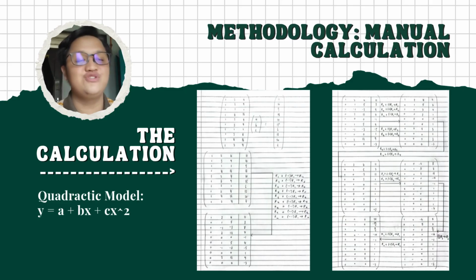Now, we move on to the methodology of this project for manual calculations. So firstly, we have to show that the system is inconsistent so that we can use the least square method. So to do this, we must first use the quadratic model to rewrite the data in the form of Ax equals b to observe the data. After that, we are going to rewrite the data in the form of an augmented matrix.